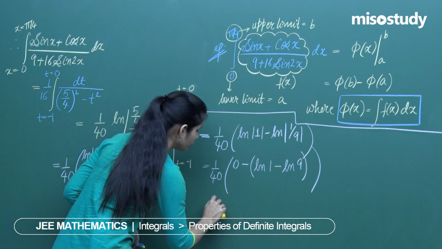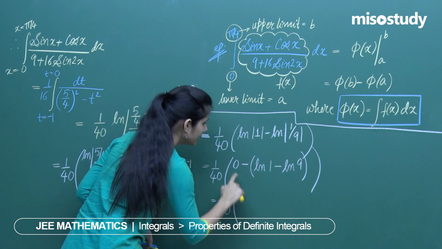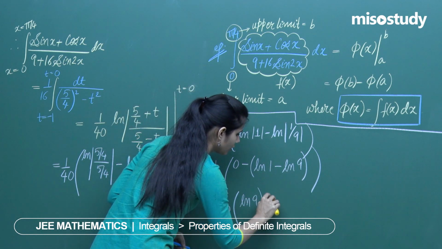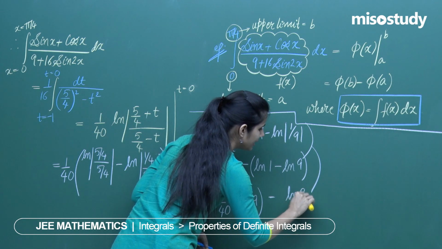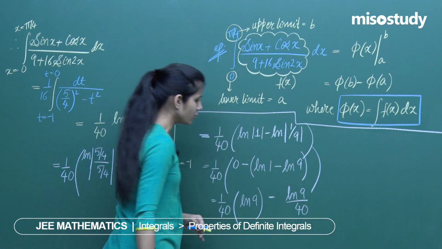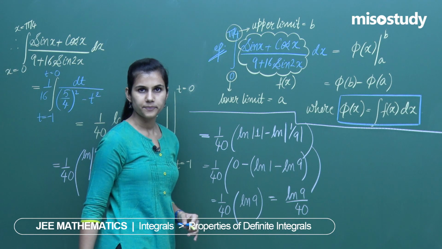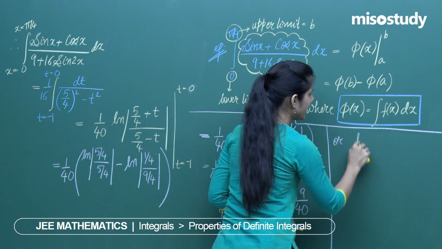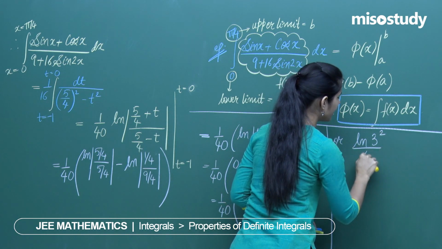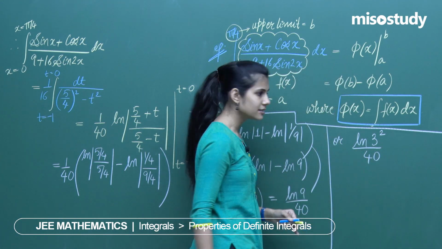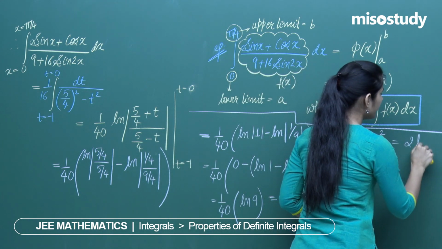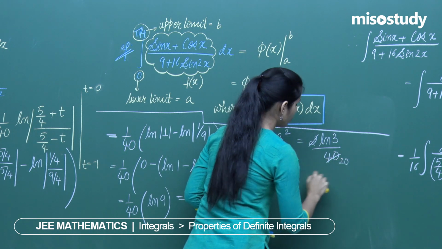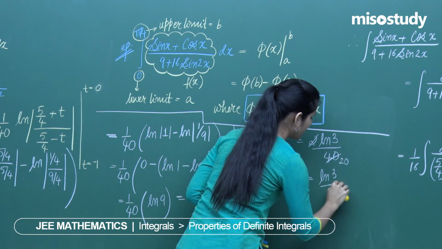Ln 1 is again 0, you get 1 by 40, 0 minus 0 plus ln 9, which gives you ln 9 by 40 as your answer. Or ln 3 square by 40, it can also be written as twice of ln 3 by 40, which gives you ln 3 by 20.